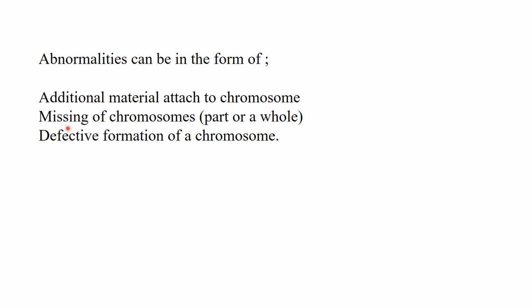Chromosomal aberration can be the missing of a part of the chromosome, or the whole chromosome missing, that is the abnormality. Defective formation of chromosome, an abnormal chromosome, is also an abnormality. So these are three conditions of the chromosomal abnormalities: addition of material, missing of material, or defective form of the chromosome.